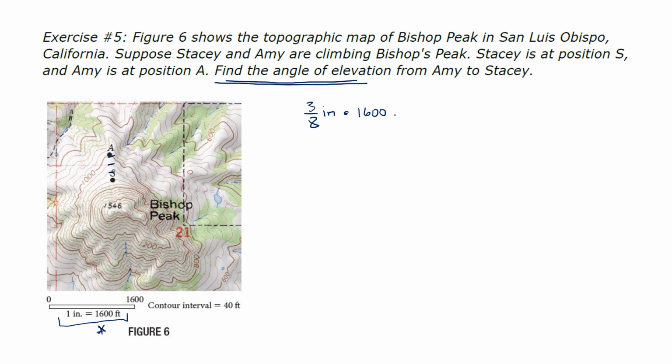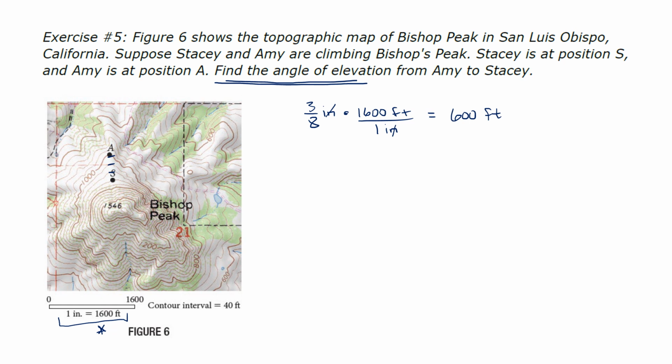Well, I know that for every 1,600 feet, I have 1 inch on my map. The inches measurements cancel, leaving me with just feet. So when I multiply, I'll get 600 feet.